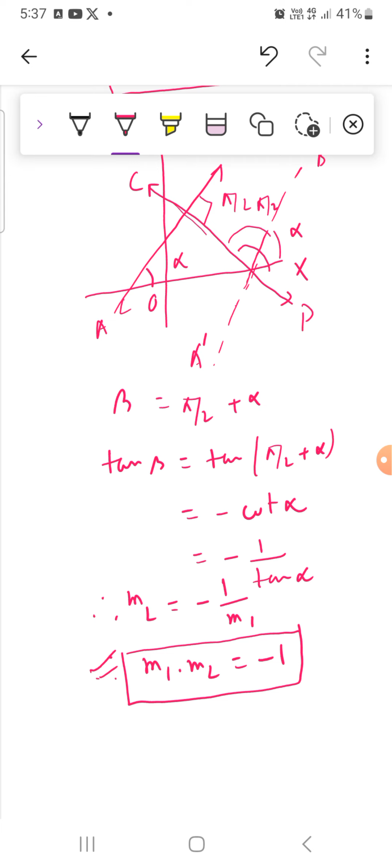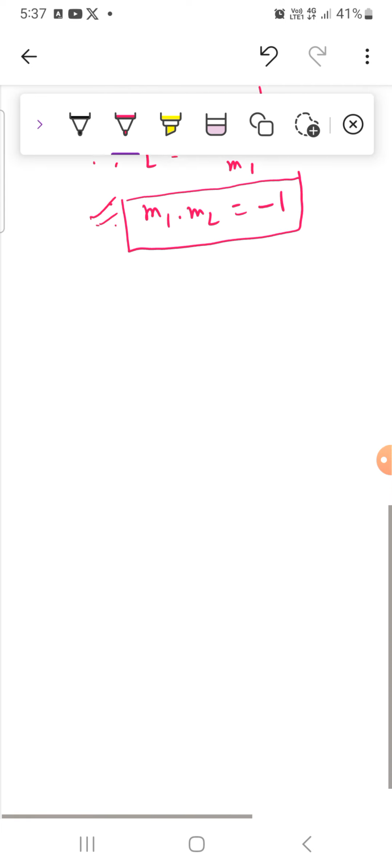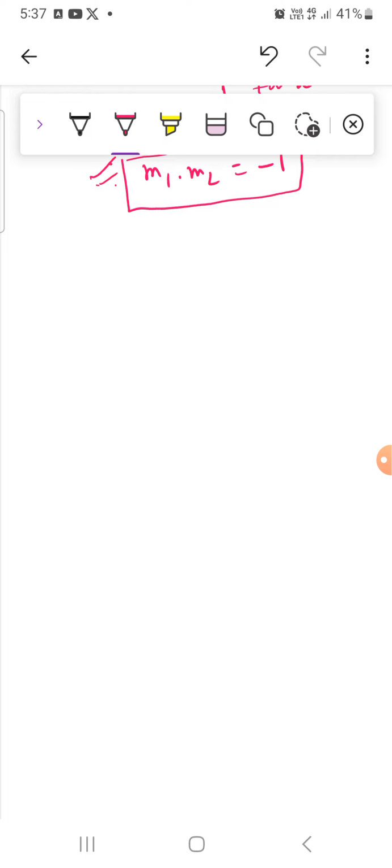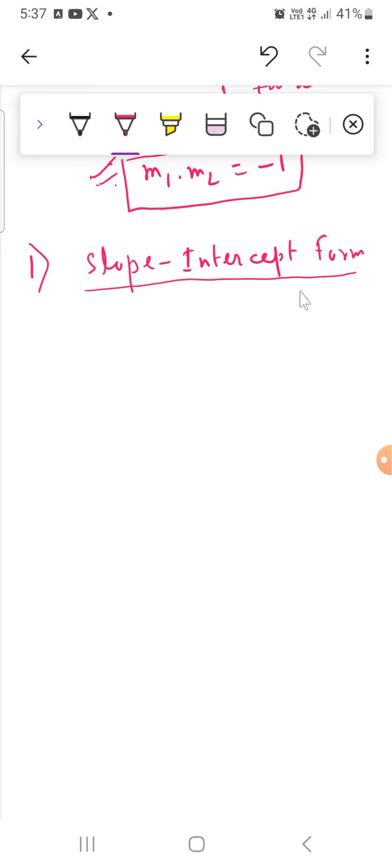Now I am going to another form of equation, which is called the slope intercept form. So how can we generate this equation, the slope intercept form?